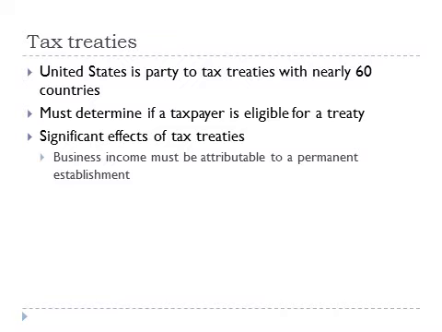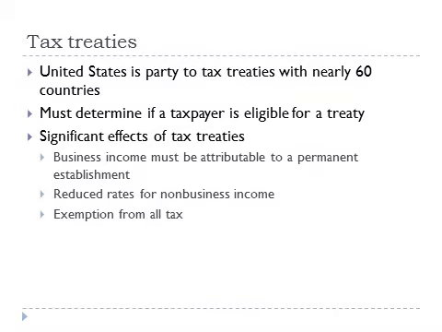This is a higher standard than the one discussed above, requiring business income to be effectively connected with a U.S. trade or business. The tax on many types of non-business income is reduced or eliminated under U.S. tax treaties. And tax treaties can have the effect of exempting a non-resident alien or foreign corporation from all U.S. tax.